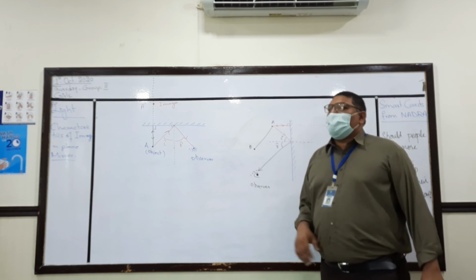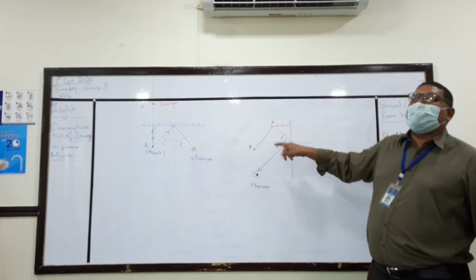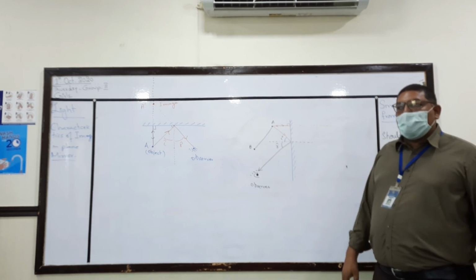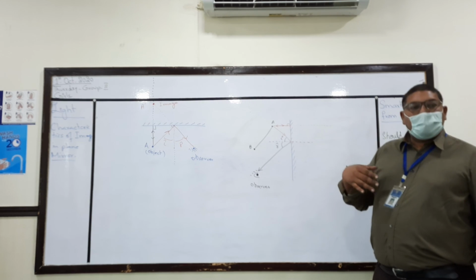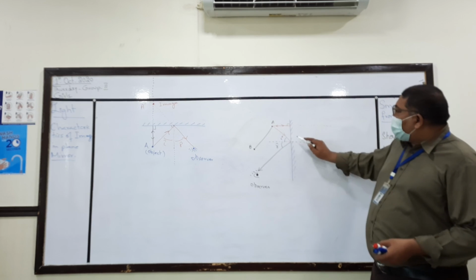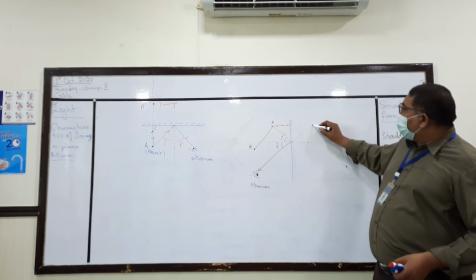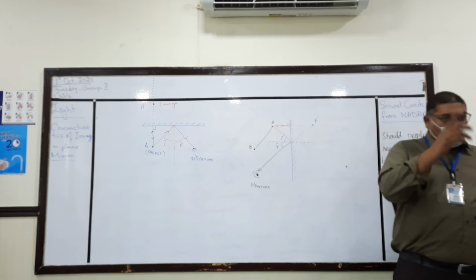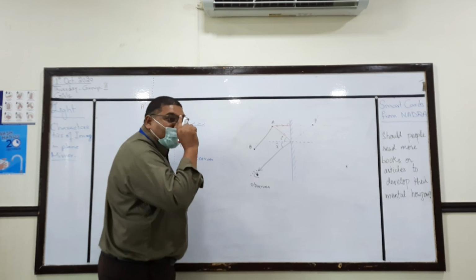Then draw this line. Very simple. Then prolong it behind the mirror. Wherever it intersects, that is A prime, the image of A. Try to understand this. Now I am going after point B.